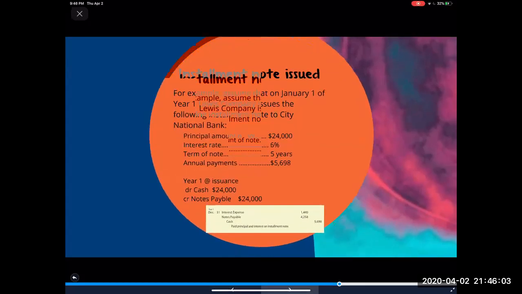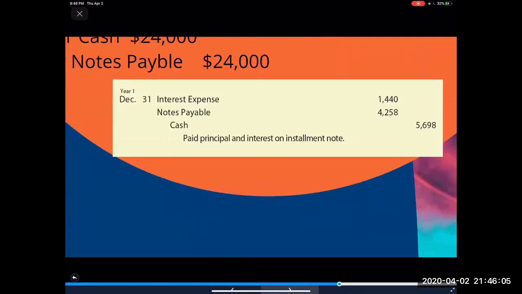Now, this is what our journal entry looks like. Every year we're making a cash payment. Our cash is going out the door. We're making a payment of $5,698. A portion is going to interest and a portion is going to the principal, so we can pay it down and be done with it.